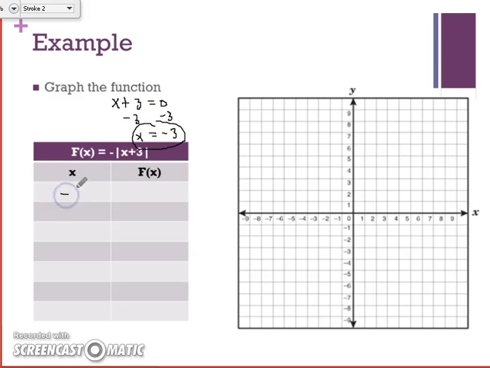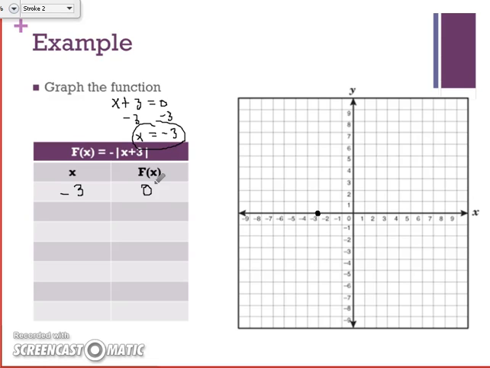So if I plug in negative 3, so negative 3, this is my vertex of this graph. So just finishing to solve it, if I plug in negative 3 plus 3 is 0, the absolute value of 0 is 0, and that negative on the outside doesn't change anything when it's 0.